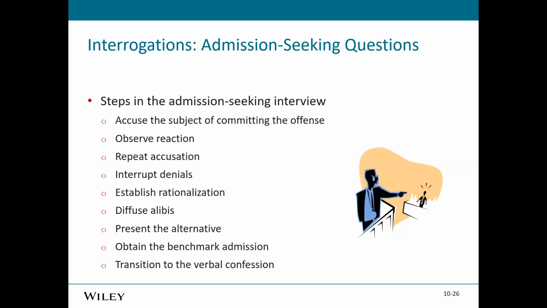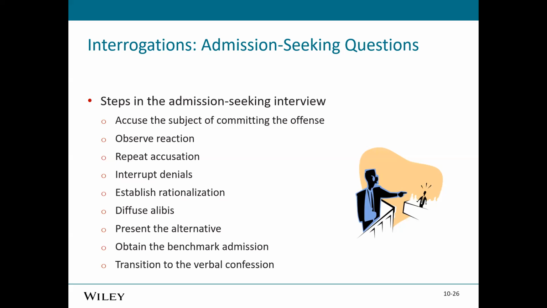Then present them with some alternatives. When the person is on the verge of confessing, you can present them with two alternatives. For example, did you plan this deliberately or did it just happen? You're assuming that they're guilty and you're just wondering why that happened. Whether they answer yes or no to, did you plan to do this or did it just happen, they're basically acknowledging their guilt.